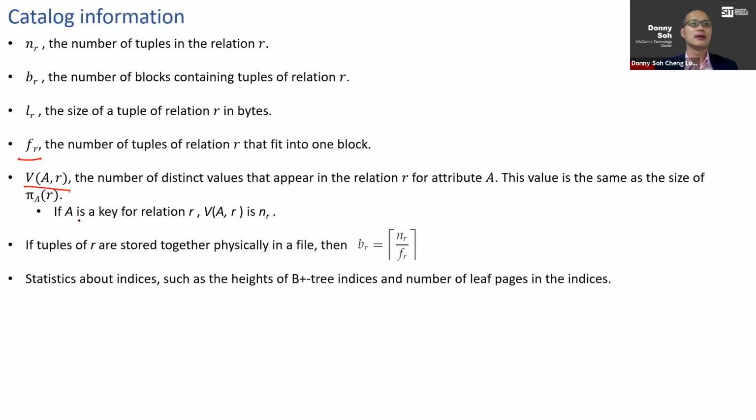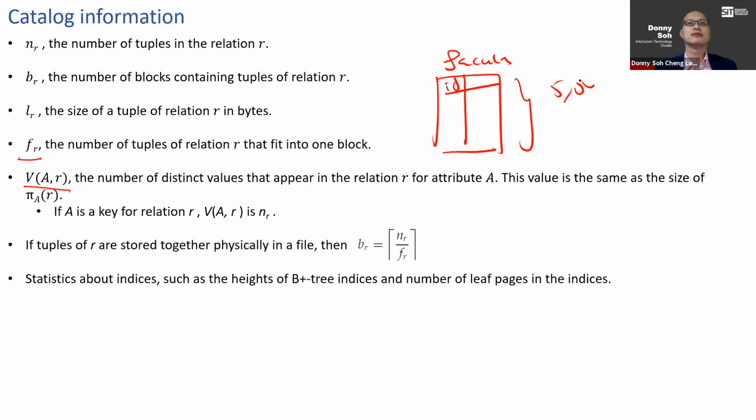So if A is the key, there will be n distinct values. For example, if this is the table faculty, and I have ID, and the faculty size is 5,000, my V of ID in faculty will be equal to 5,000, the number of distinct values that are there.